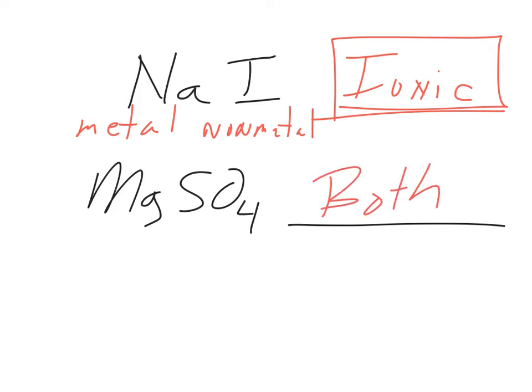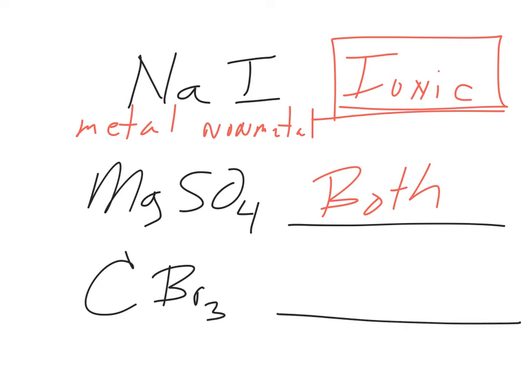Let's do something like this: I have carbon Br3. It's going to be covalent because I have a non-metal and a non-metal. That's a covalent bond. Very good.